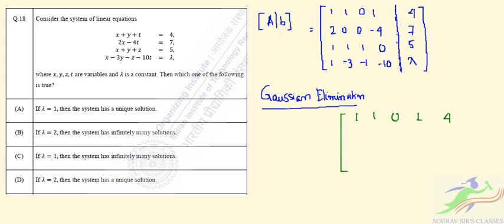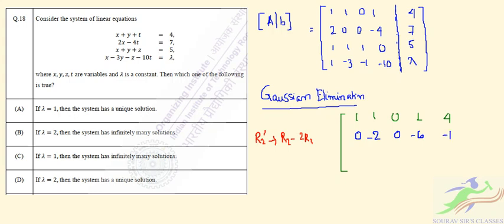In row 2 we do the operation R2 prime equals R2 minus 2R1. The elements will be 0, minus 2, 0, minus 2, 0, minus 6 and minus 1.